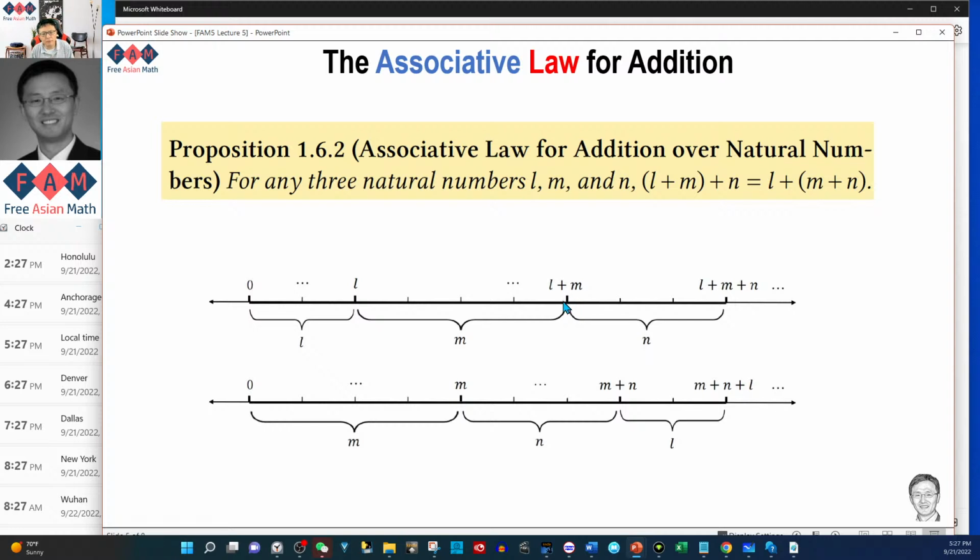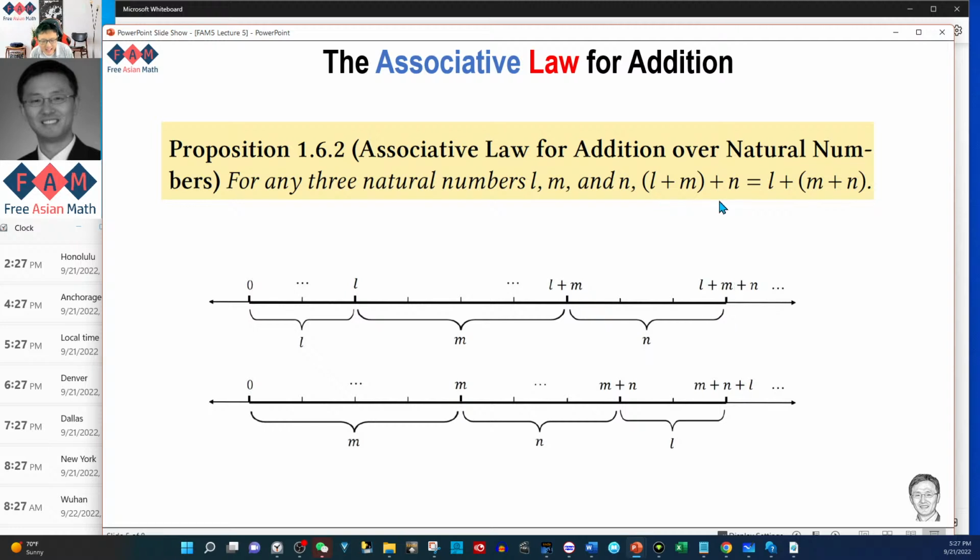So what to do if you add another N? That's just further counting. From this point, L plus M, we further count forward N times. So this time, you get to L plus M plus N, which is nothing but you count from the point of L plus M, N times forward.